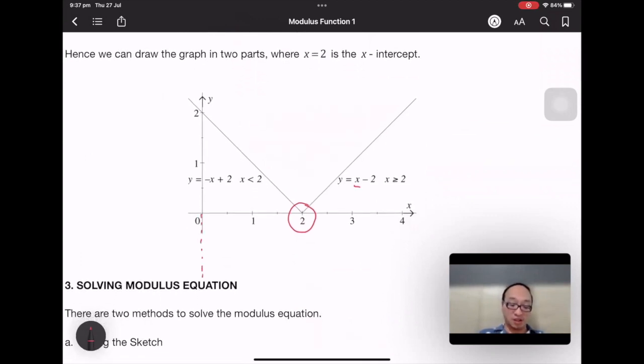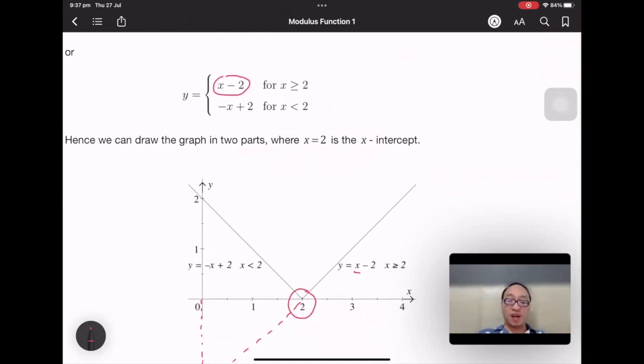So this is negative 2. And for x less than 2, it will be negative x plus 2. So the gradient is negative and it passes through 0, 2. So 0, 2, and then draw the negative 1 gradient. So it will be like that.